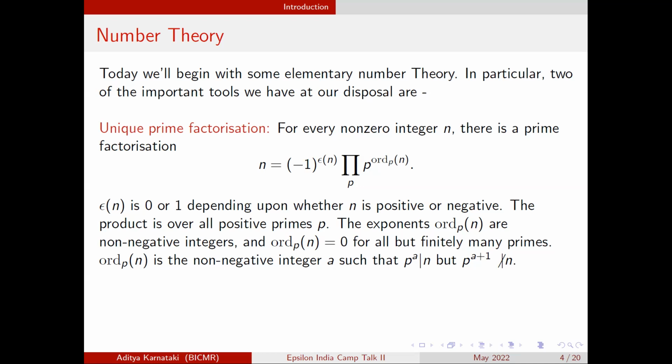And so the product does not have any problem. You only get finitely many primes with a non-zero power in the exponent. And so p of n is the non-negative integer a, such that p power a divides n, but p power a plus 1 does not divide n, the largest power of p that divides n.